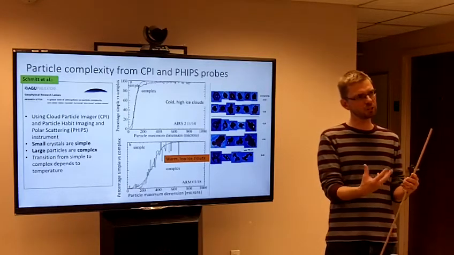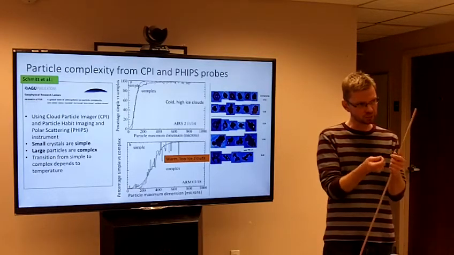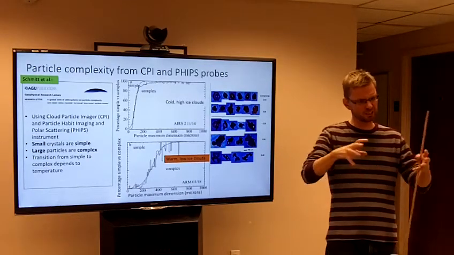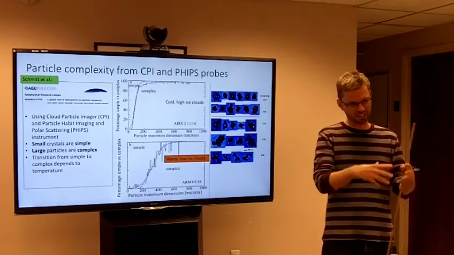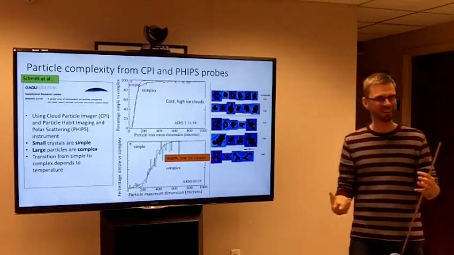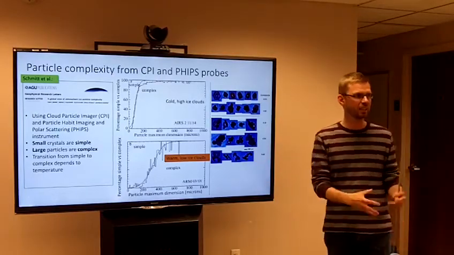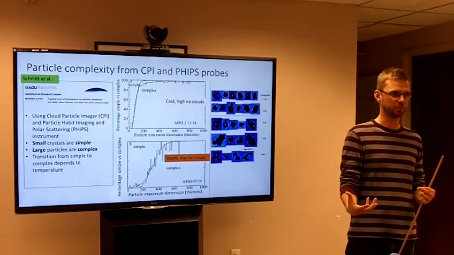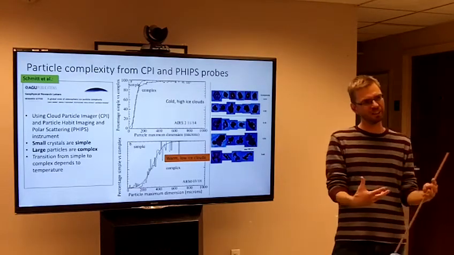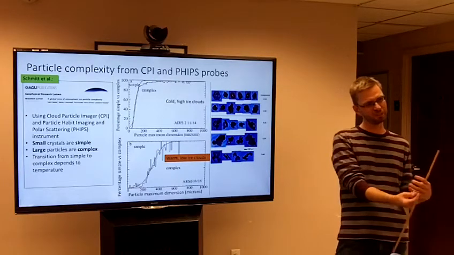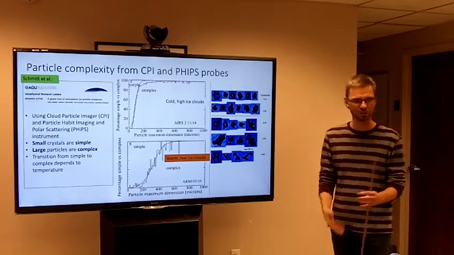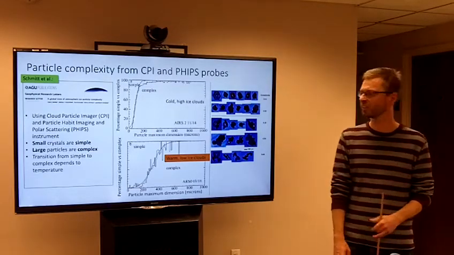So it's not only distortion of the small scale, the microscale structures on the crystal, but even if you make a nice hexagonal crystal and you start to bang it and make it more complex like this, then it actually has the same effect. So I think the retrieval is a convolution of this small scale distortion and this macroscale distortion. So that's an open question, what is really going on.